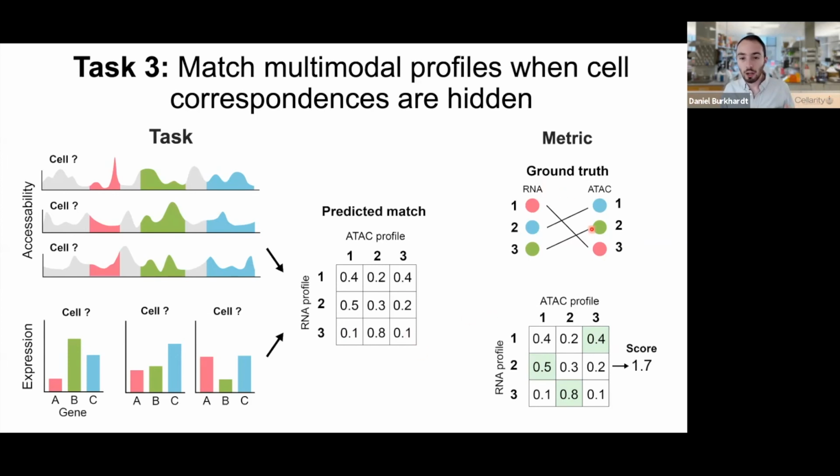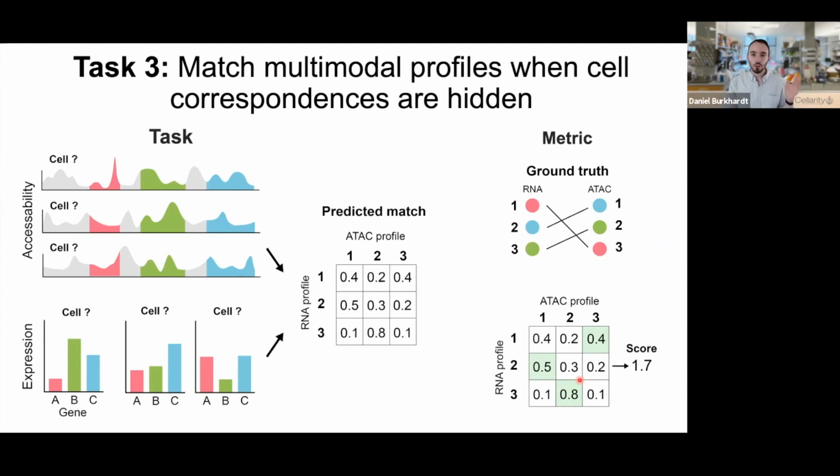We can then look at the ground truth, because we actually know which profile matches which, and generate scores, where the lowest possible score is 0, you got all your predictions wrong, and the highest possible score is the number of cells, where you have 100% certainty that this profile matches that one. Because this guess isn't so confident, you only get a score of 1.7 as opposed to the total score of 3 available in this small setup.